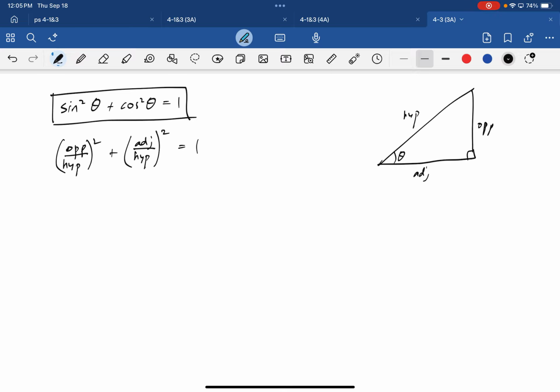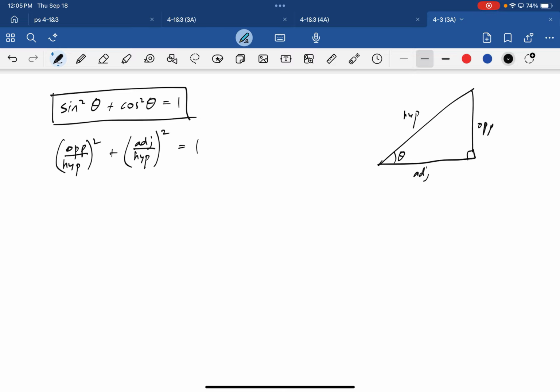And does anybody see how we can simply reduce this to the Pythagorean theorem? How do we manipulate this into the Pythagorean theorem? We multiply everything by hypotenuse squared, right?